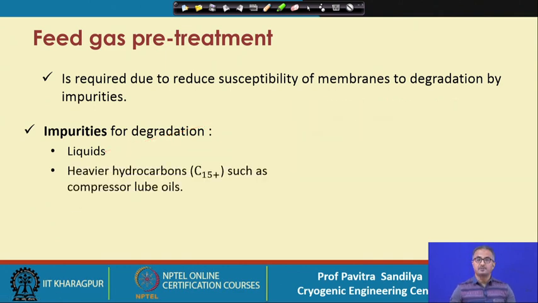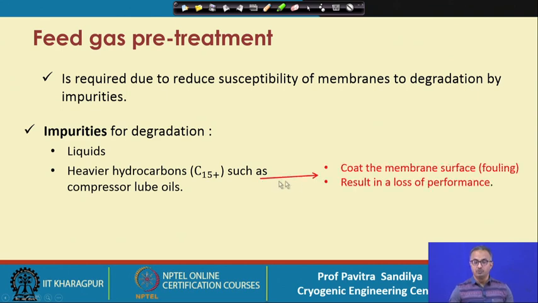Then we have the presence of some heavier hydrocarbons, especially lubricants. What will they do? They will cause some kind of fouling, coating over the membrane surface, and if there is this coating by heavier hydrocarbons, then the flux will decrease.